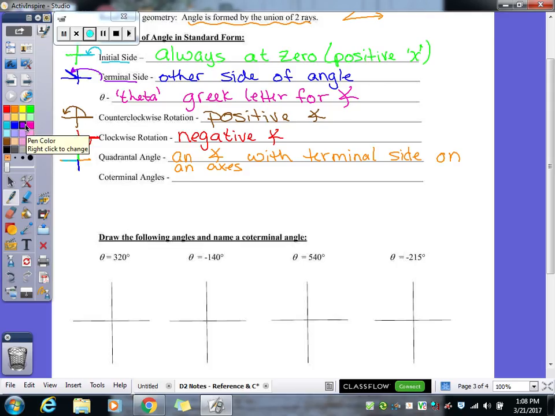And then coterminal angles, which we're going to be dealing with right now, those are angles with a common terminal side.